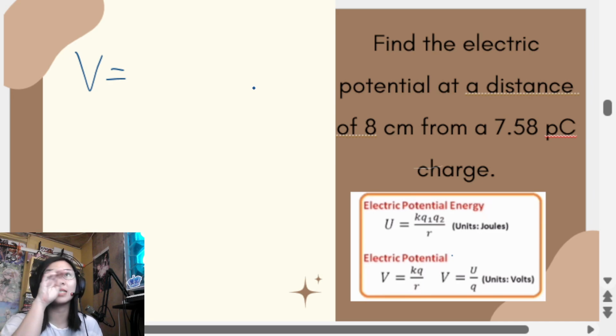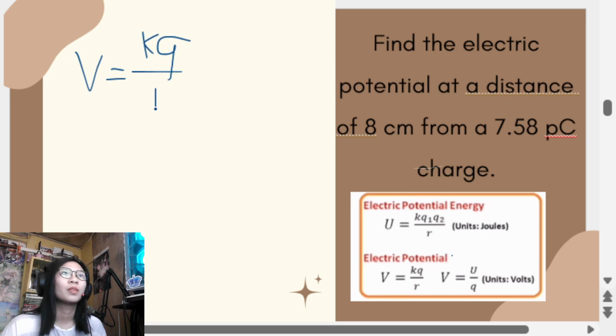We have a distance, so we look at R, because distance is R. So we will use this formula. Our charge is 7.58 picocoulomb. Pico is times 10 raised to negative 12.